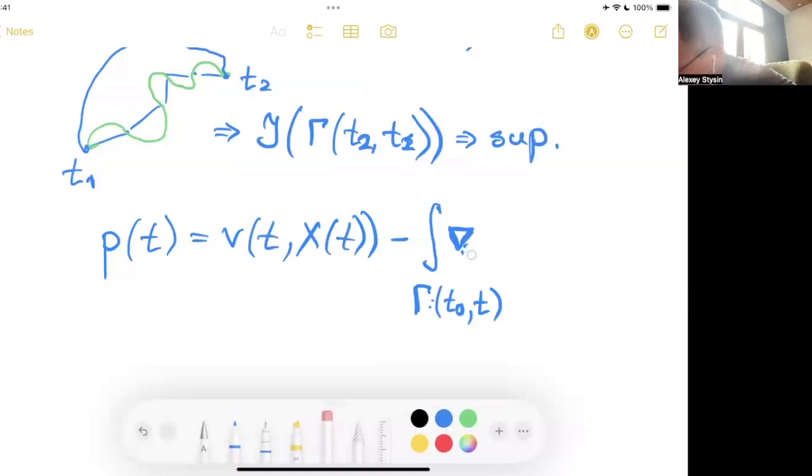So let me be a little bit more careful here. v of t of s, x of s, and ds.